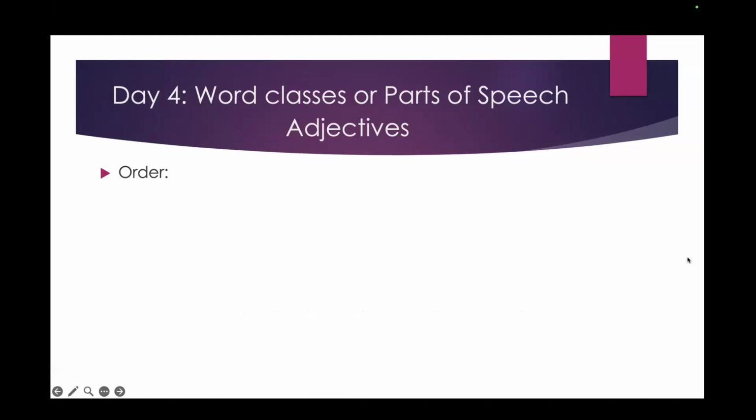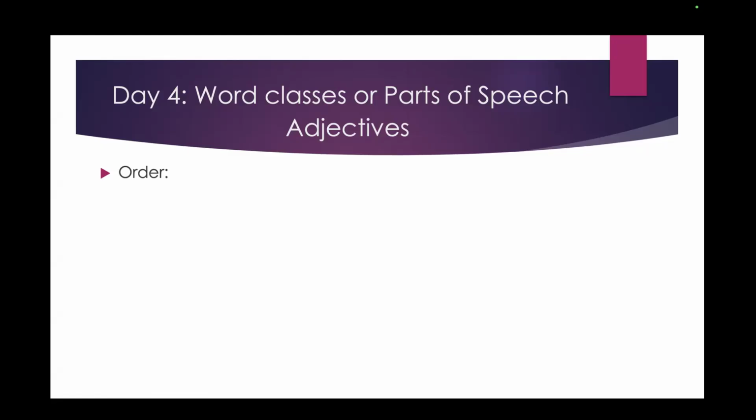Sorry. Okay. So let's continue with adjectives, and let's talk about how we place the adjectives if we have more than one. If we have only one adjective, then it is obvious that it goes before the noun. But what happens if we have more than one adjective?